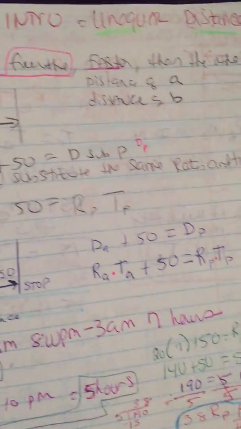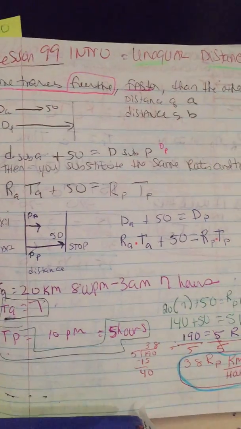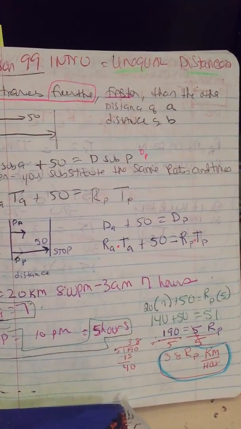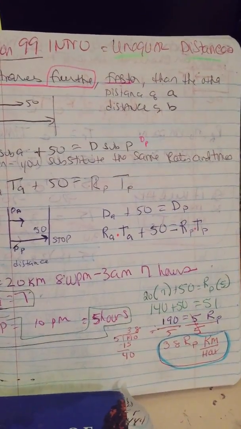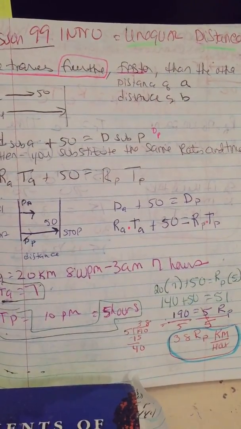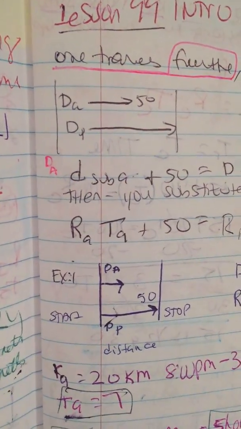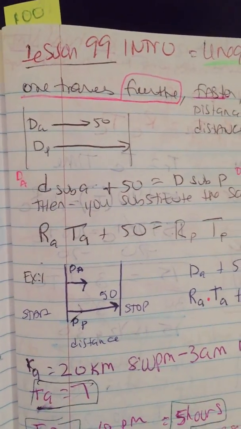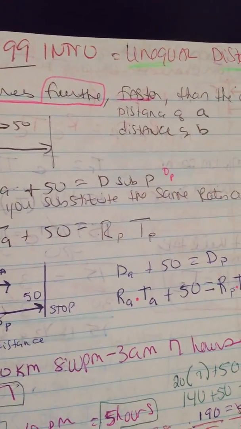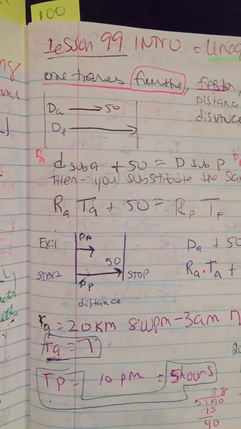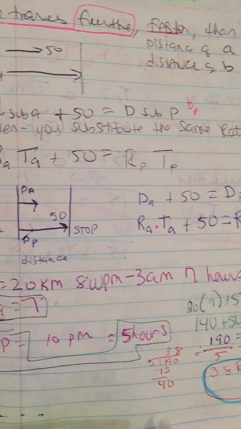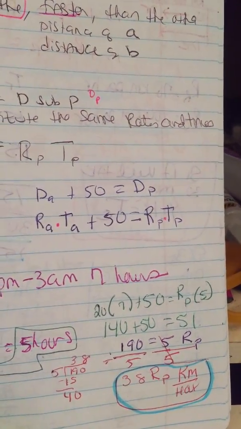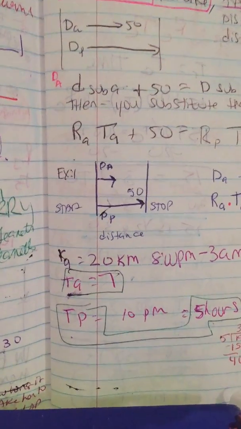Now, the intro to these unequal distances. One travels further and faster than the other. So the distance of A versus the distance of P is what we're looking at. d sub A plus 50 equals d sub P. Then you substitute the same rates and times.